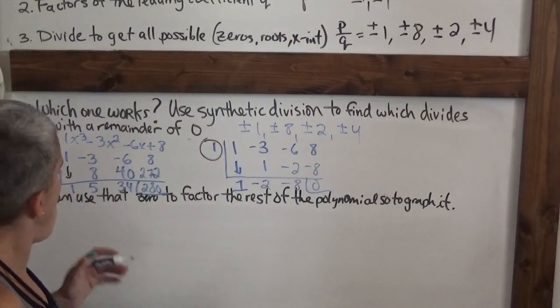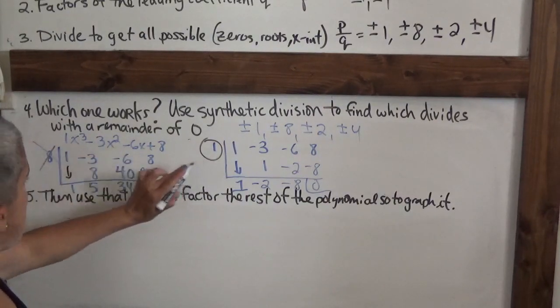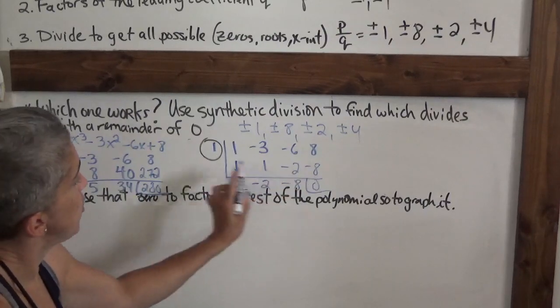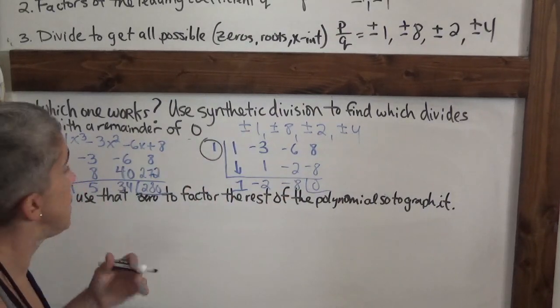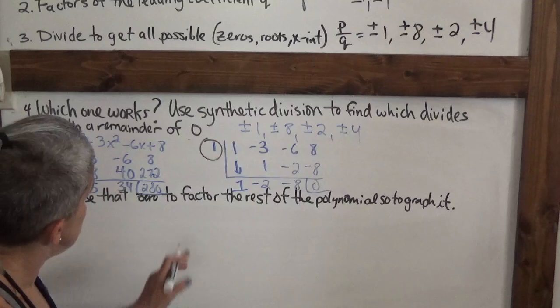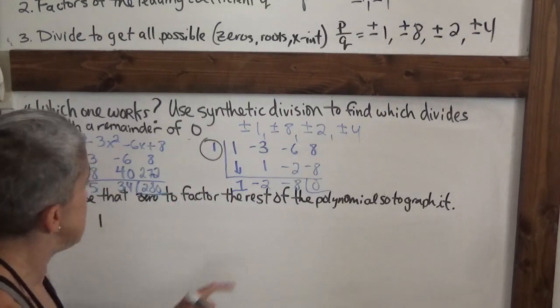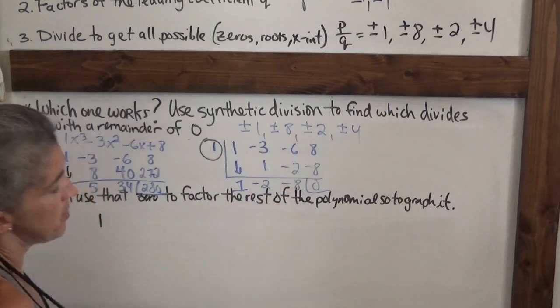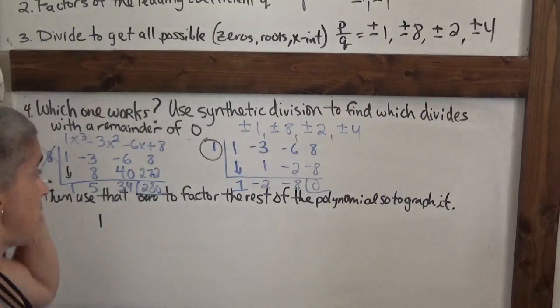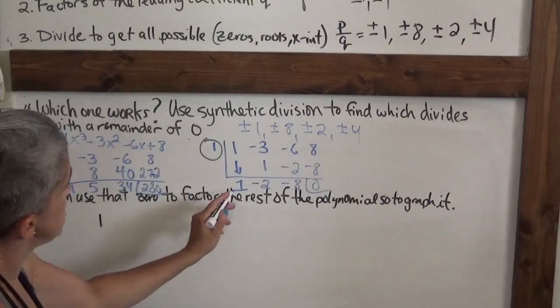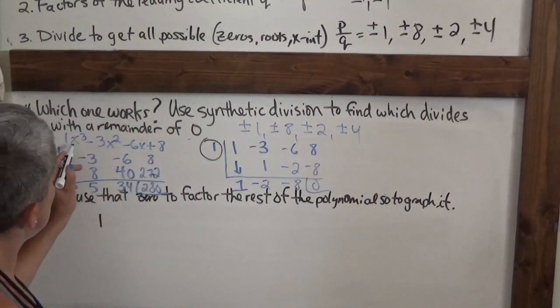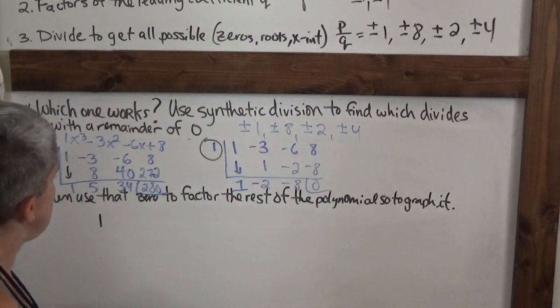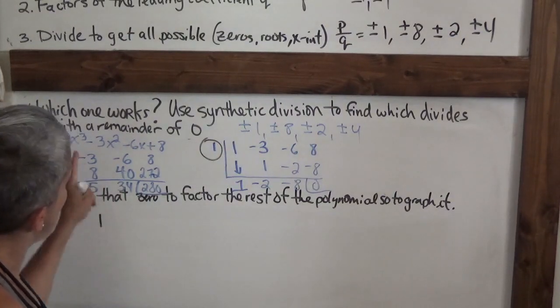So what do I do now? We're going to step 5 because I figured out which one of those works. You only need one. Now I'm going to take what's here and write it as a polynomial. Remember how we did that for synthetic division? We look at what we started with, which was x to the third. That means we are dividing, so we go 1 less.